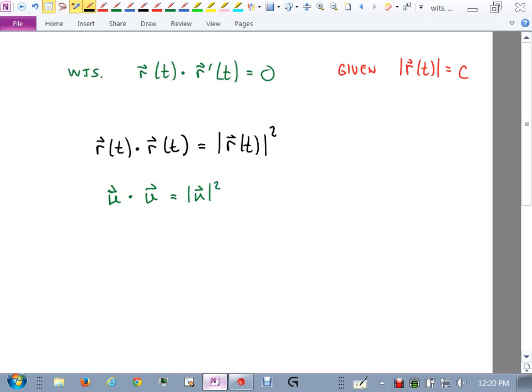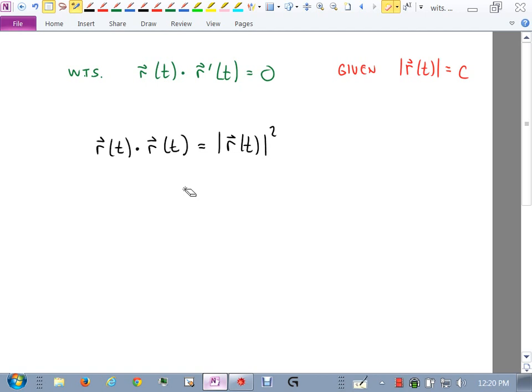But somewhere I need the derivative in here, don't I? So where can I find a way of getting my derivative, my original function, that magnitude, and the dot product all in there? How do I do it?